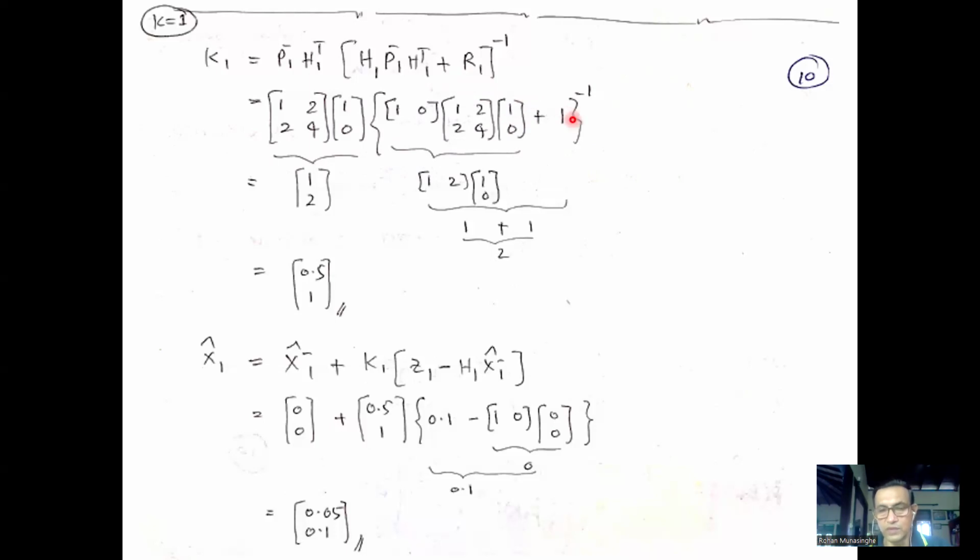We have derived it earlier. Now, when you multiply all these things, this becomes just a scalar. Value is 2. And the inverse of a single element matrix is actually the reciprocal. So this 2 becomes 1 over 2. Okay. So then the result is 0.5, 1.